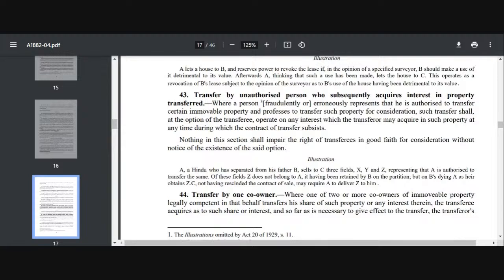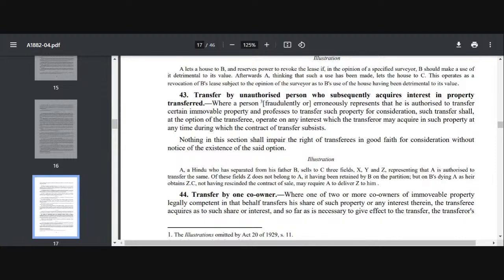A person who has no title or no interest in an immovable property cannot transfer that property, because we already saw in competency that to be a competent transferor you should be the authorized person to transfer. So this section provides that if a person has no authority but transfers, and later he acquires that authority, then he will be stopped from denying the transfer. He cannot deny that transfer. So this is the common law doctrine of estoppel by deed, right?